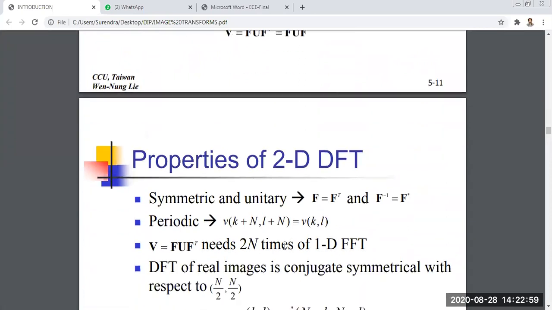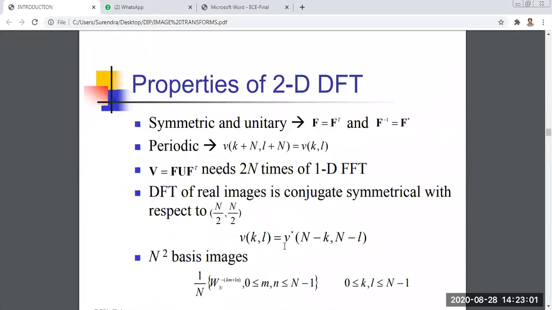Similarly, the properties. What are the properties? The properties will be the same as before: symmetric property, periodic property, and how many times the FFT needs 2n times the one dimension FFT. And the DFT of a real image is also conjugate symmetrical with respect to n by 2.